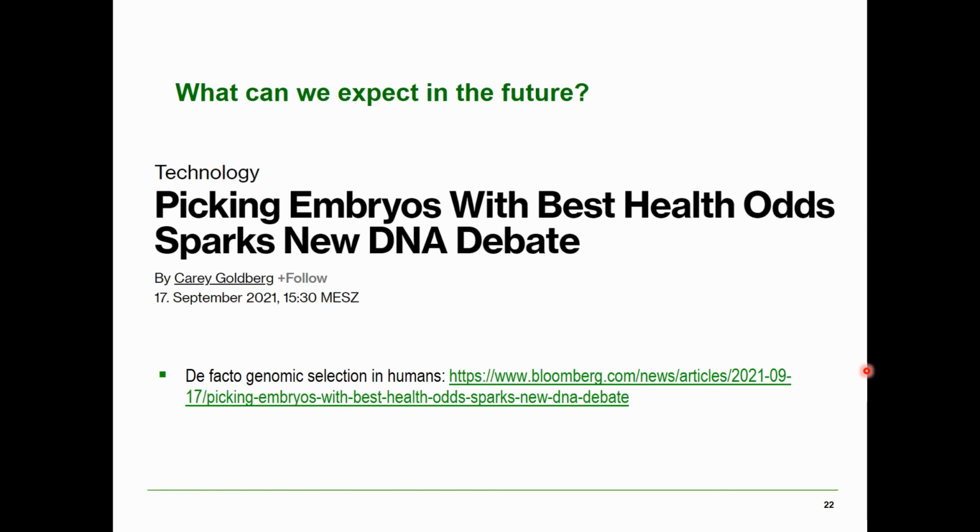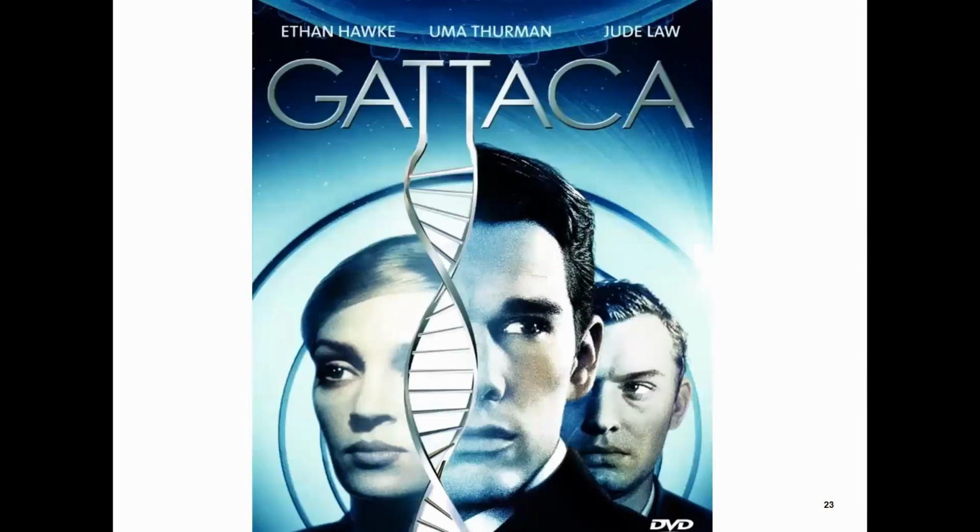And the second point I want to make is that especially this news article about picking embryos came really as a shock to me, because it is exactly the plot of the 90s movie Gattaca. So if you haven't seen this movie, I really encourage you to do so. It's a great movie, but also it is kind of a chilling one, especially in the light of current developments.